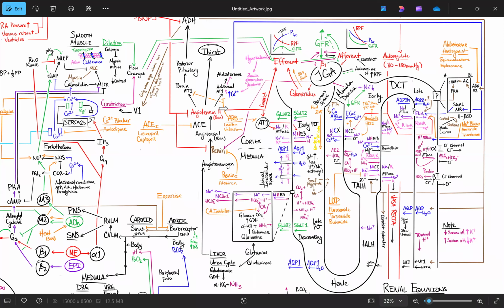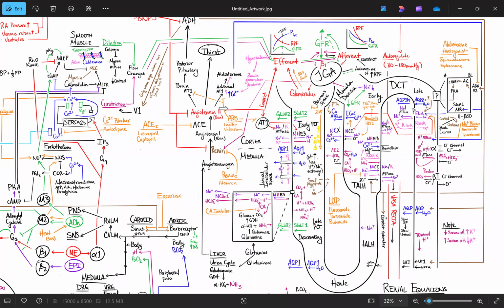where I drew a cell with the relationship of glutamine going to glutaminase, going to alpha ketoglutarate, which will make NH3, which is pumped out to capture protons and keep it in the PCT, but also reabsorb bicarb by making protons that will capture the bicarb.